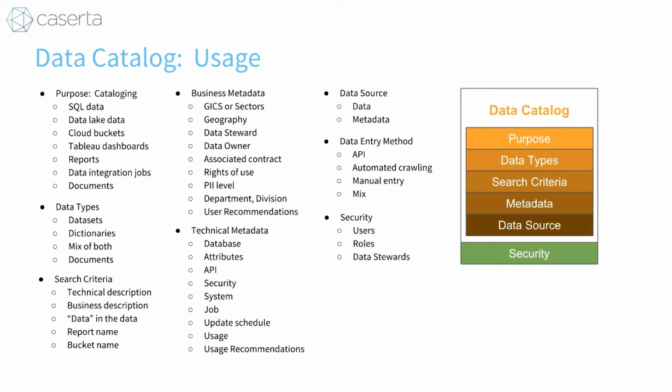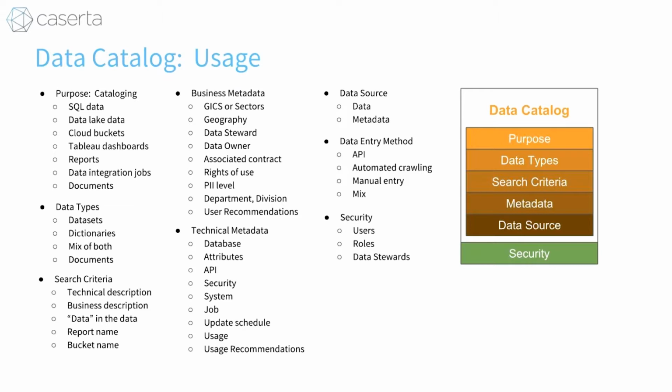How will you as a company use and catalog that data? Are you looking at your SQL data, or your data lakes, or cloud buckets? Data types: are you looking at data as data sets or as dictionaries that you want to catalog to find out where that physical data is?